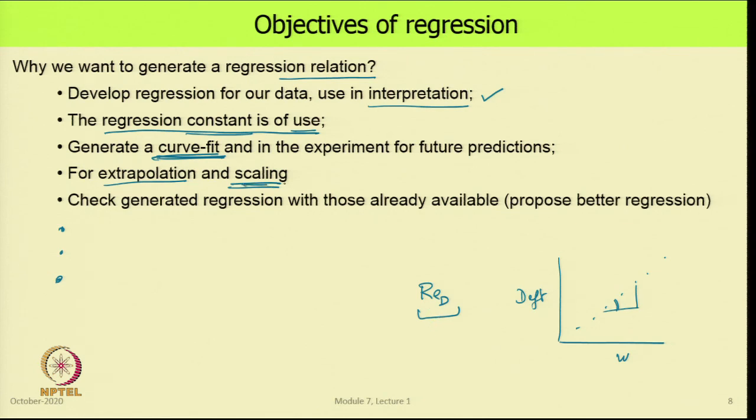So, that helps us in scaling, and even also that if we took a correlation for a range, maybe we would be able to predict something bigger than that. That would be extrapolation.